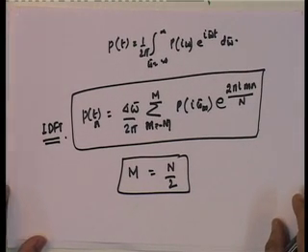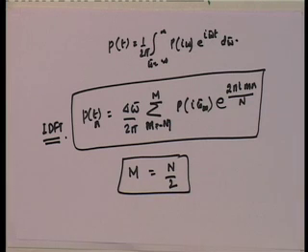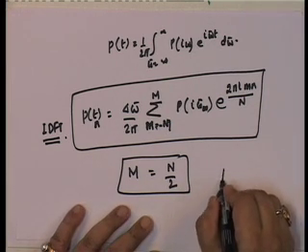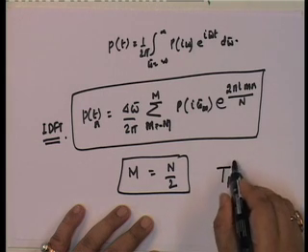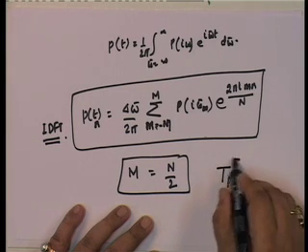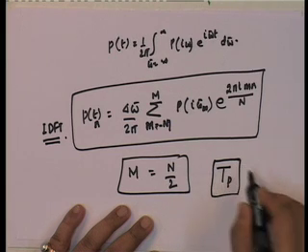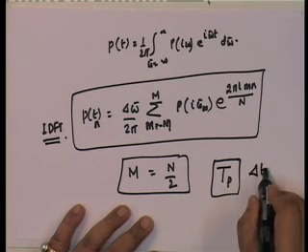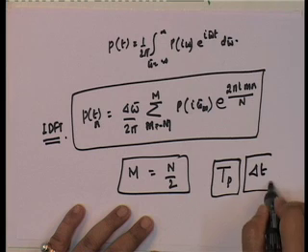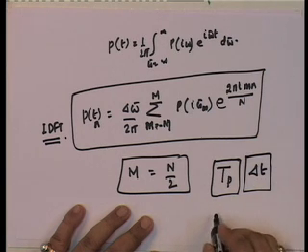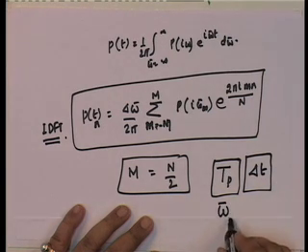Now, the only thing that happens is that, remember that T p, delta t, and omega bar, Nyquist.